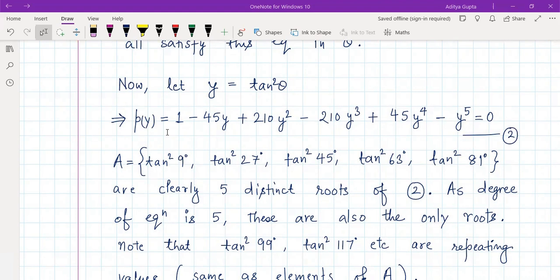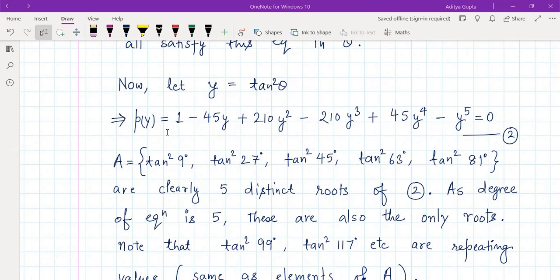It is very obvious tan is an increasing function in 0 to 90 degree. So clearly it can't take the same value twice, right? So these are obviously 5 distinct values, and all of them satisfy equation number 2 as well. Okay, simple till here.